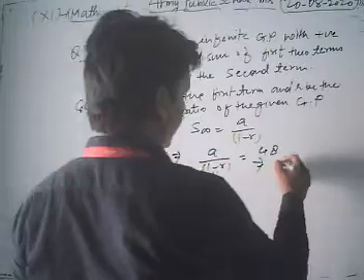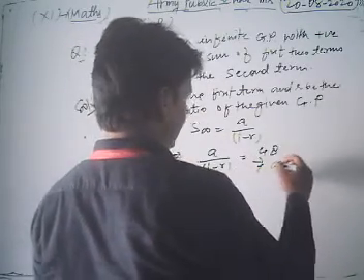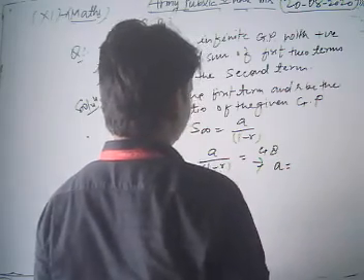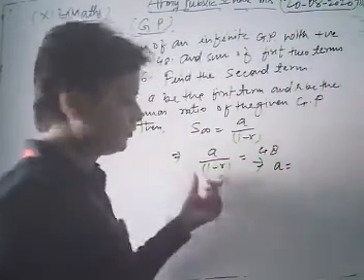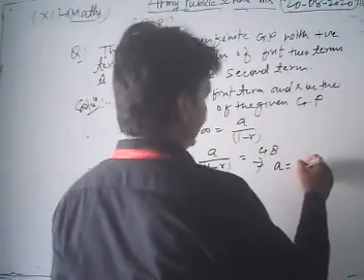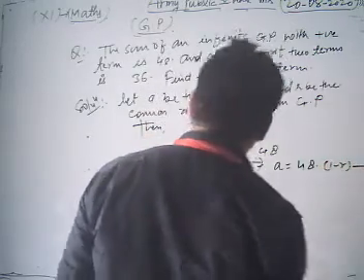This implies that a is equal to 48 into 1 minus r. Take this as equation number 1.